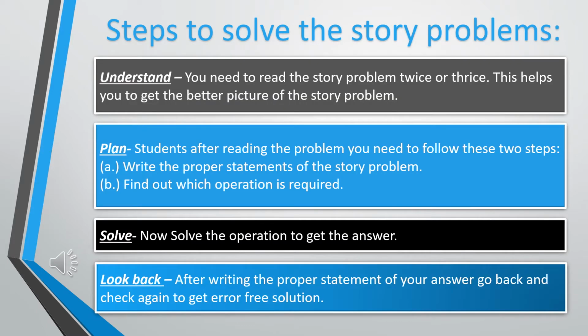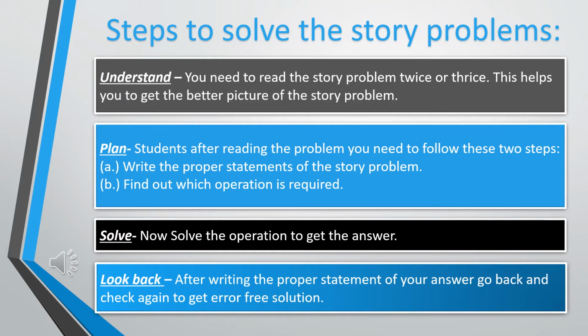Let's understand the steps to solve the story problems. You have seen these slides earlier also when we were doing the story sums of addition. Students, the steps will remain the same, that is the process of understanding the story problem, to apply the operation, the plan, the solution, the look back will also remain the same.